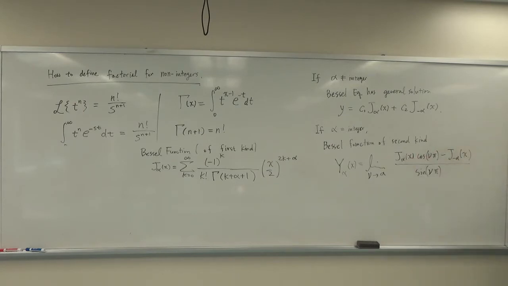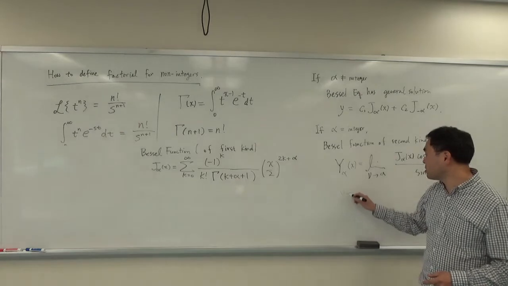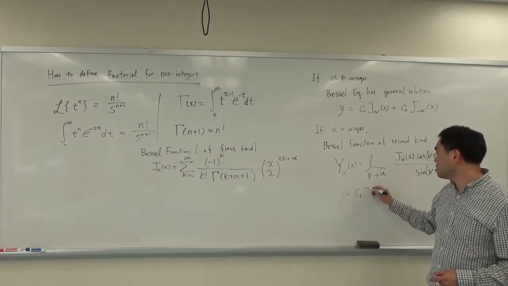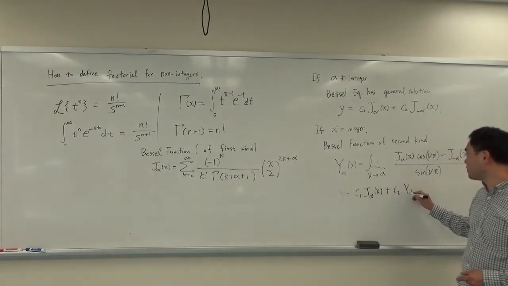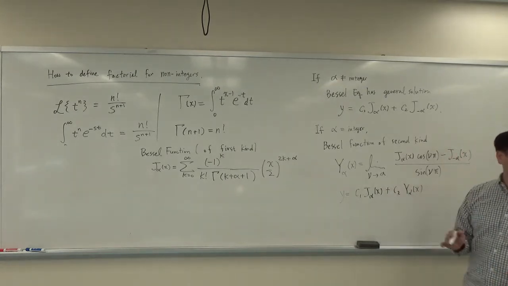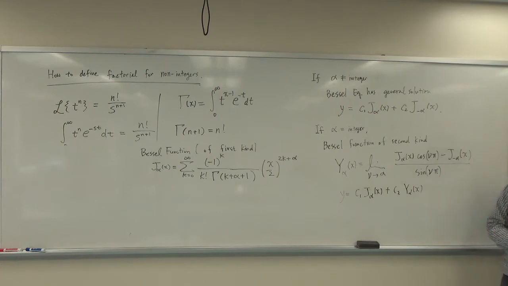And because it's still a linear combination in other cases, you can expect that this will still satisfy the Bessel equation. Mathematicians worked out that in this case, the solution C1 J alpha of x plus C2 Y alpha of x will be a solution in general. So that's what the Bessel function of the second kind is.